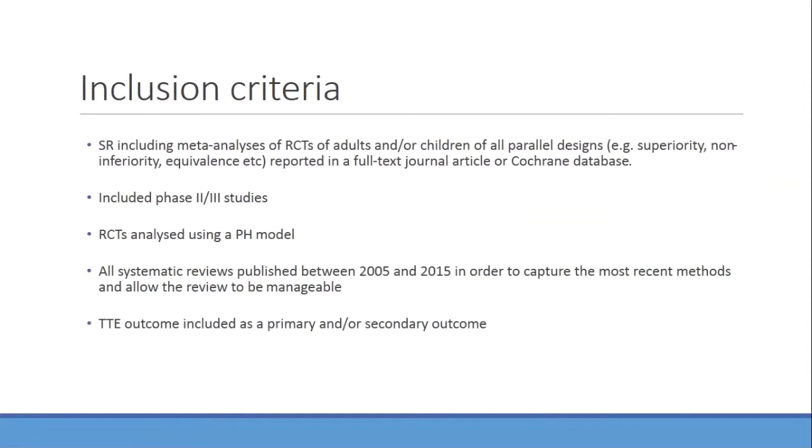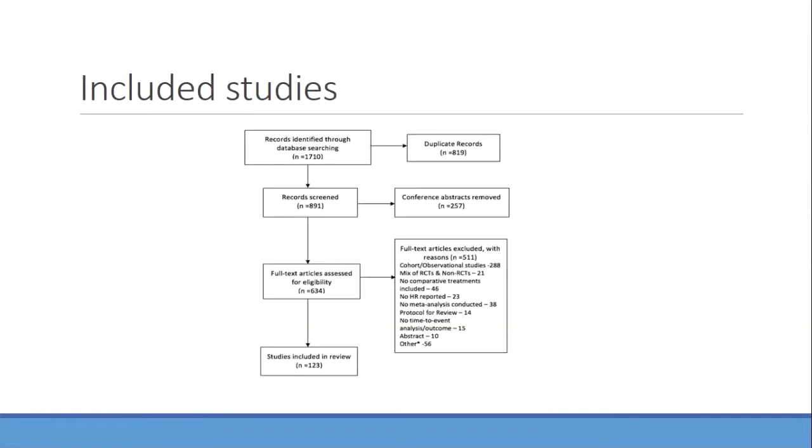And the systematic reviews we included had included time to event outcomes, which were included as primary or secondary outcomes. So we identified just over 1,700 reviews. After removing duplicate records and conference abstracts, we ended up with 634, which we assessed for eligibility, and we ended up removing 511 for a series of different reasons.